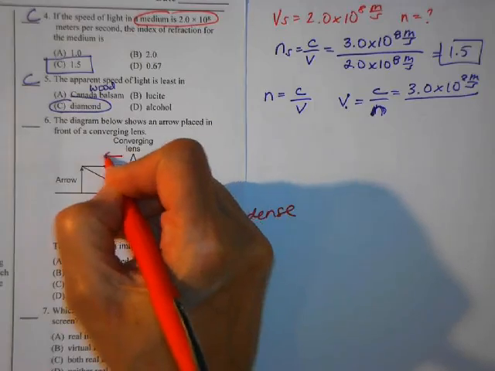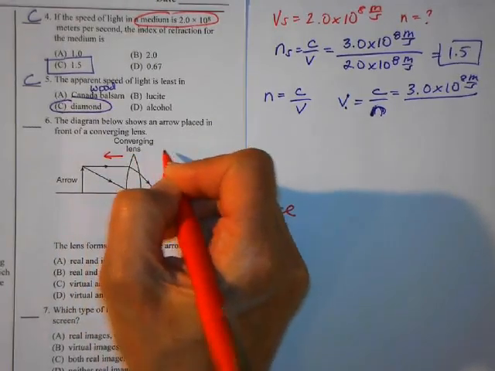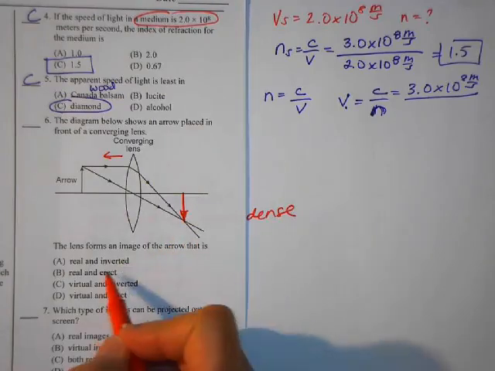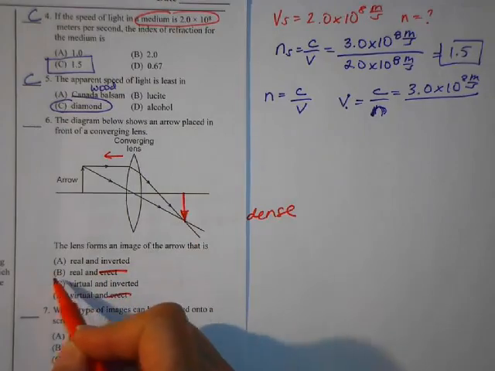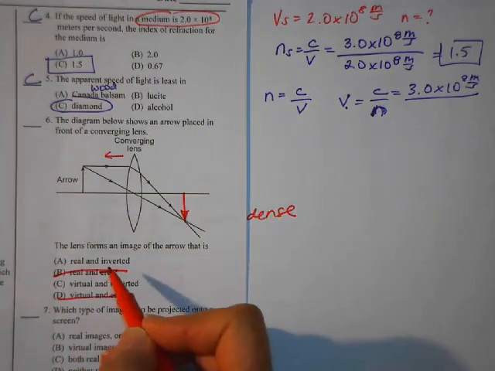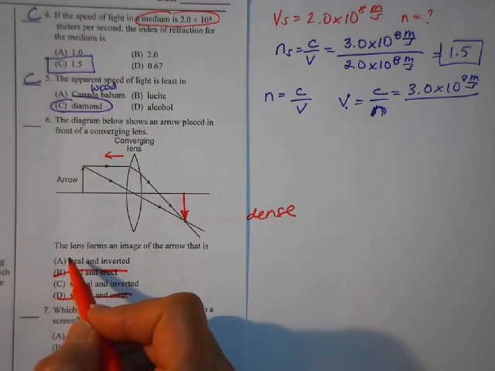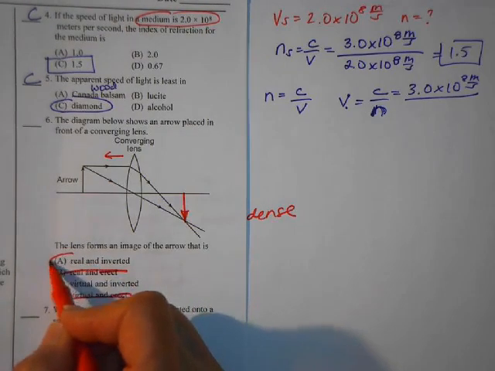So this is virtual and this is real. This is also upside down, which is inverted. So I'm going to cross off these two because it's not erect. So it's either real or inverted or virtual. And the answer is real and inverted, A.